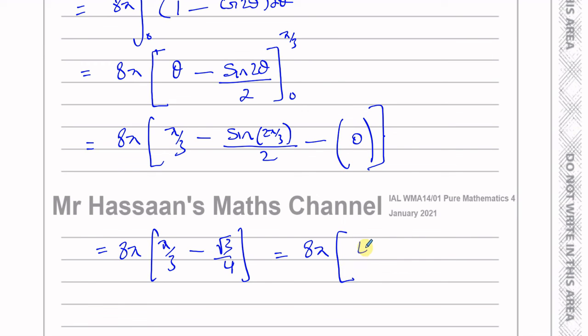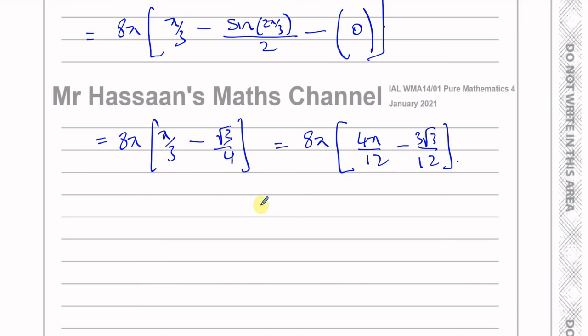That's like 4 pi over 12 minus, this is going to be over 12, this is like 3 times root 3 over 12, because 3 over 12 is a quarter. So we end up with 8 pi times 4 pi minus 3 root 3 over 12.